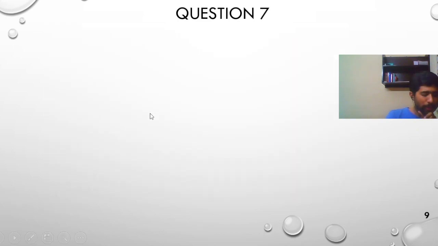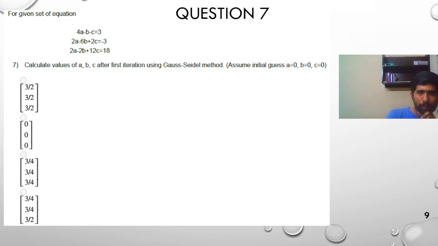Now let us go to the next question, question number 7. For this system of equations, 4a minus b minus c is equal to 3, and the second equation, third equation, calculate the values of a, b and c after the first iteration using the Gauss Seidel method. Gauss Seidel method I have just now explained. First you have to take an initial guess, which is given as 0 0 0 here.